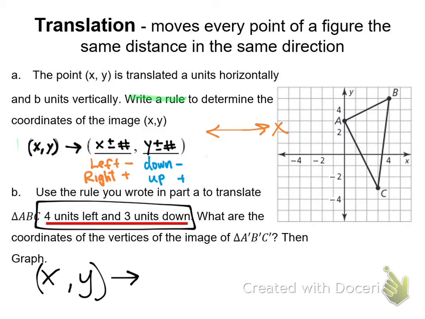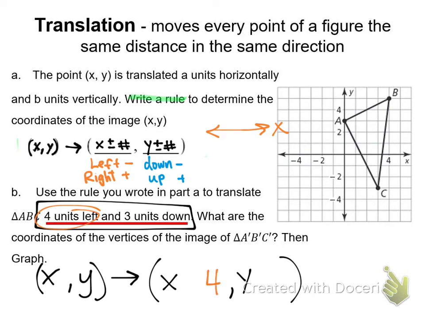So we're going to write the rule, and then we're also going to graph it on our picture. So remember, a rule looks like this. You got x, y coordinate, and then something happens to the x's. So which of these pertains to the x's? 4 units left or 3 units down? 4 units left.